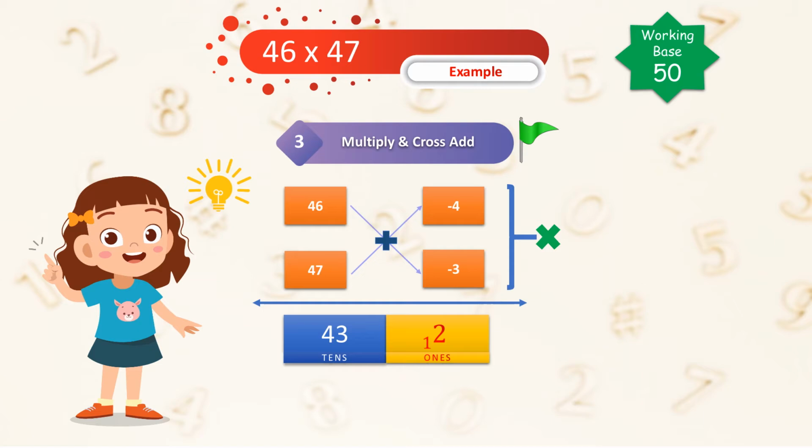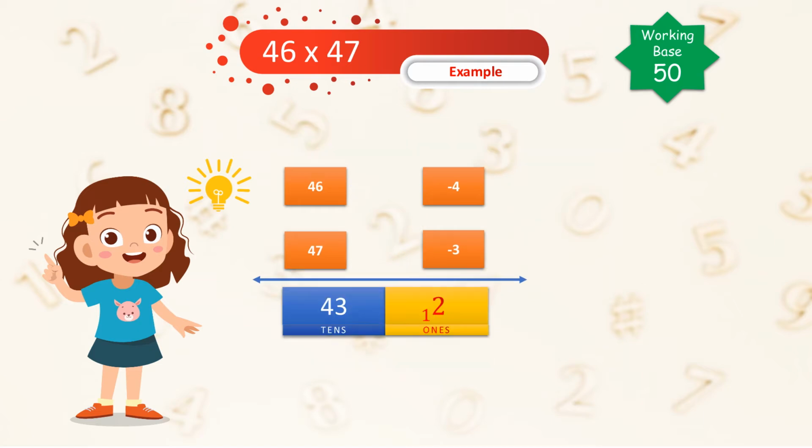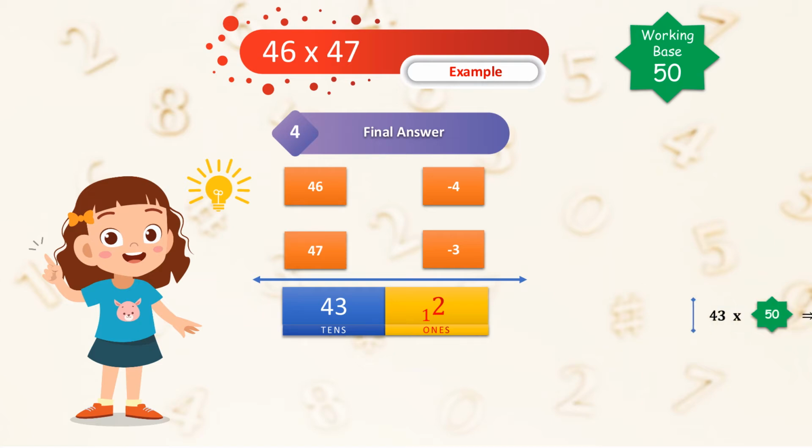We now proceed to the last step where we will resolve the 43 and 12 and get our final answer. To begin with, we take the number 43 and multiply that number by 50, which is our working base. 43 times 50 equals 2150 or 215 tens.